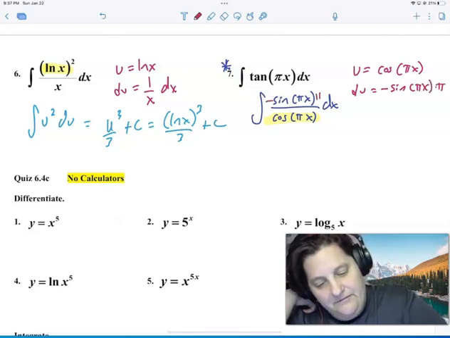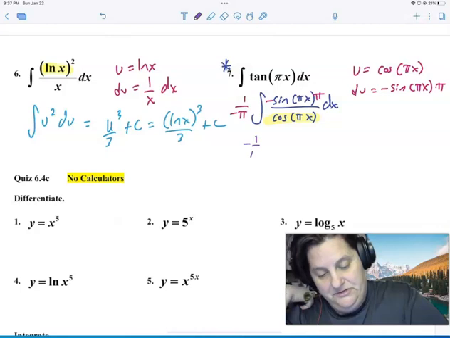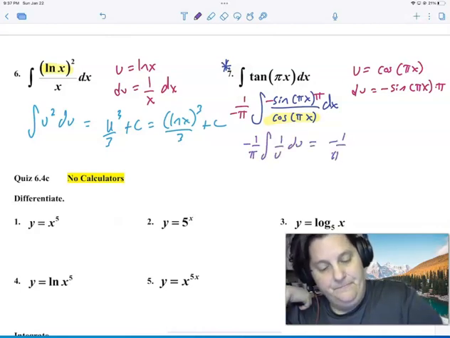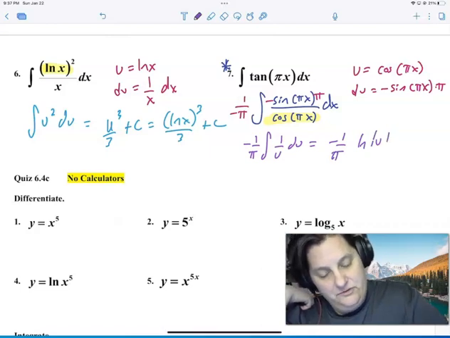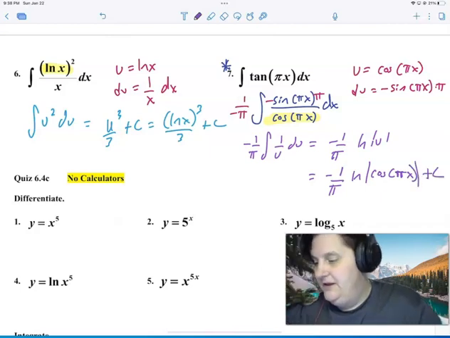So I need a negative and a pi here, which means I need a 1 over negative pi out there. And this turns into 1 over u du, which is ln u. So I have negative 1 over pi ln of cosine of pi x plus c.